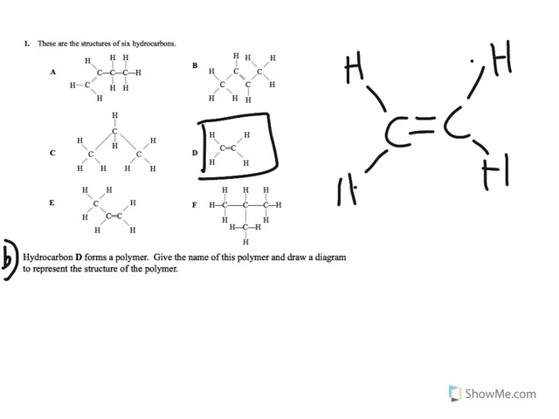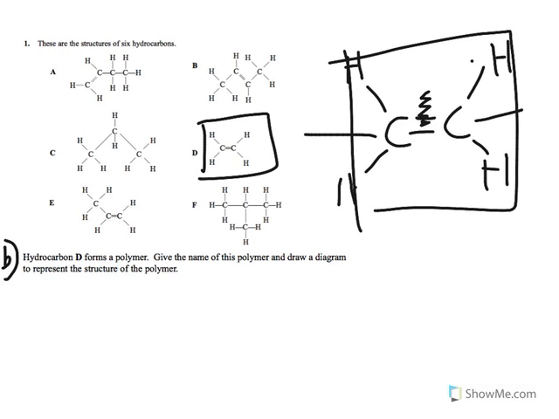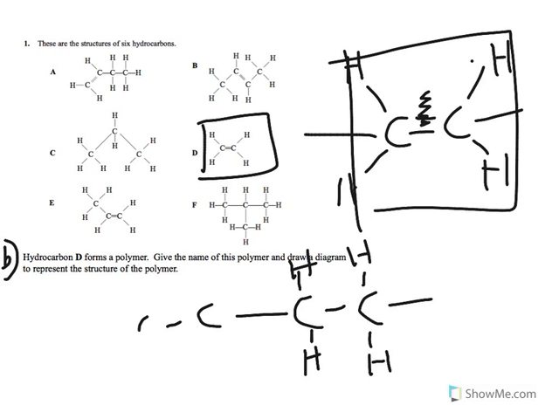In polymerization, we break one of the carbon-carbon bonds, so each carbon has an extra electron and can make another bond with something else. It can then join to another of these units, and they just keep forming this long structure, joining to another one, and so on.